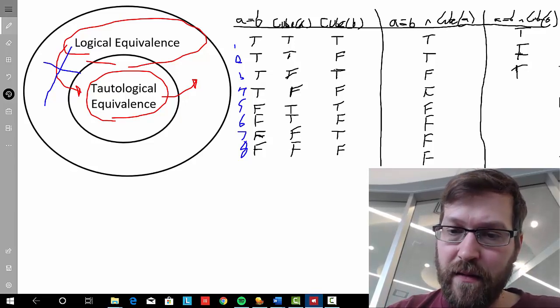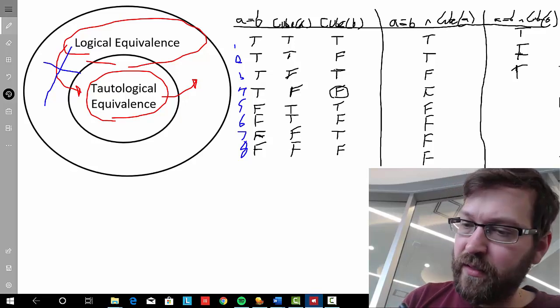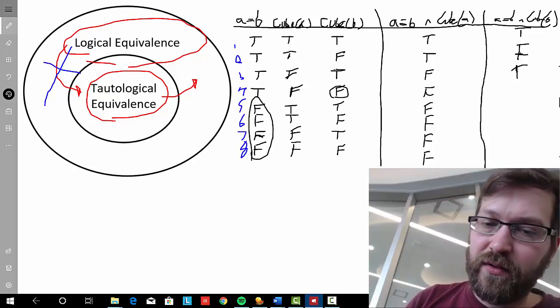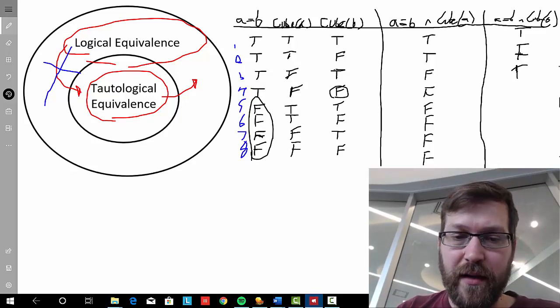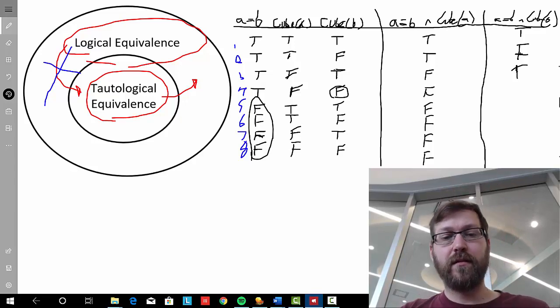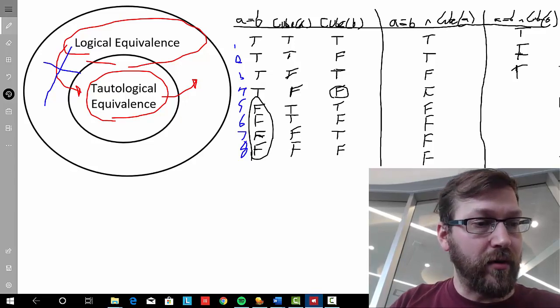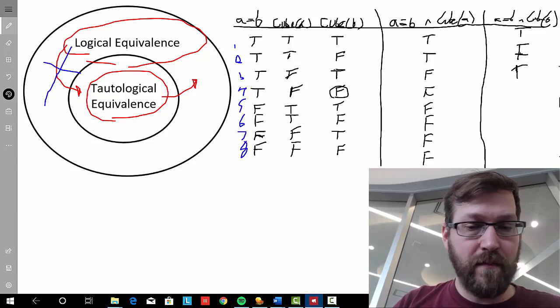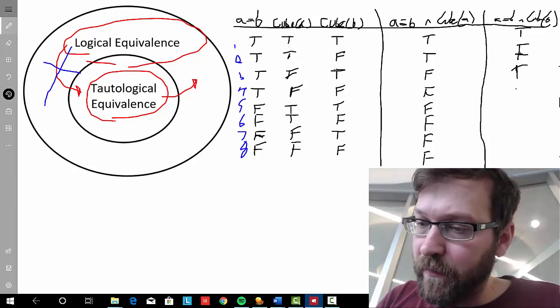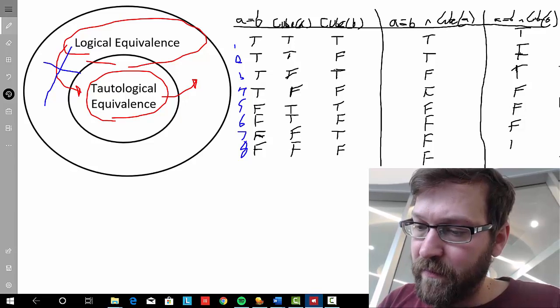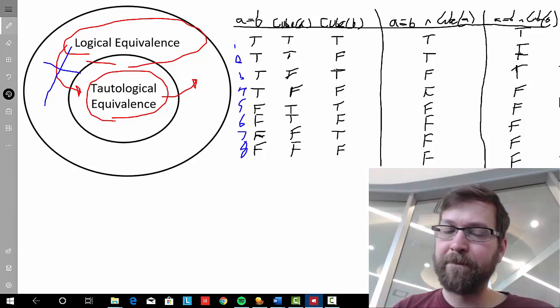And then, since A is identical to B is false for the next 5 rows, we'll have false come in here. So false, false, false, false. Those are the values that we'll get.